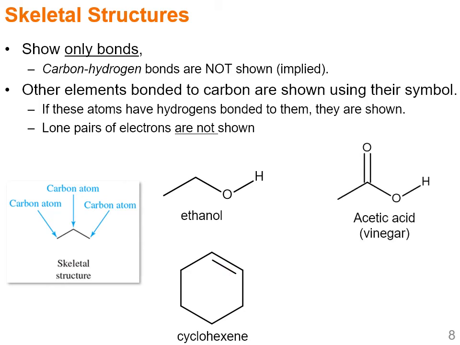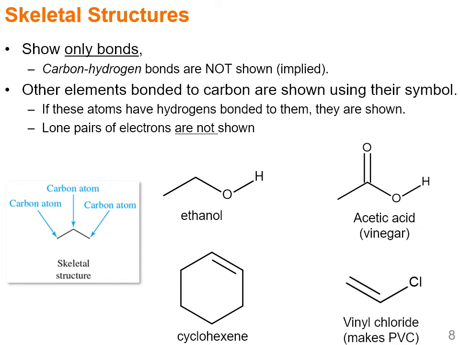In the case of acetic acid, which is found in vinegar, we have a carbon atom here, a carbon atom here. They're not shown, but this carbon is double bonded to an oxygen, single bonded to another oxygen, which is in turn bonded to a hydrogen.